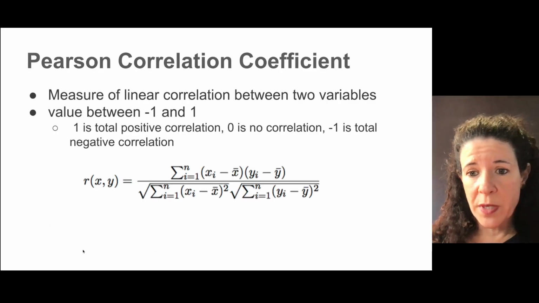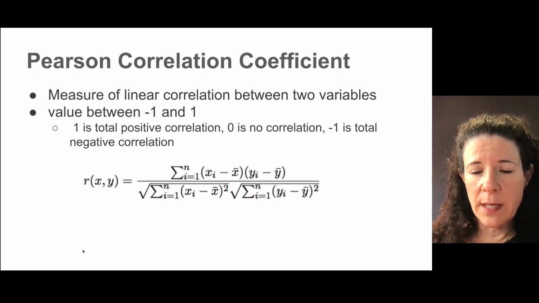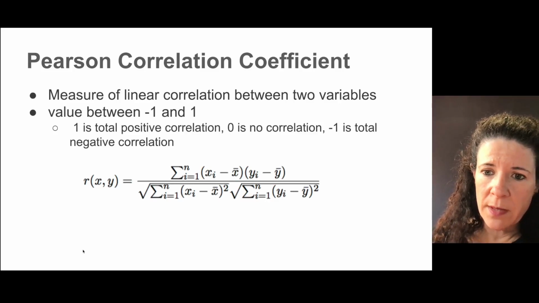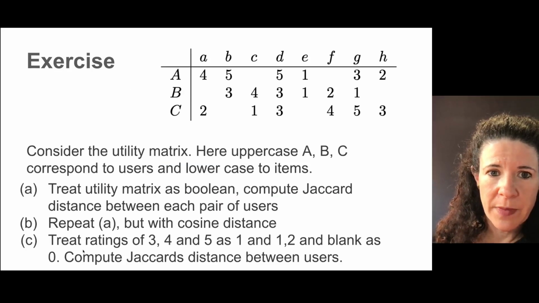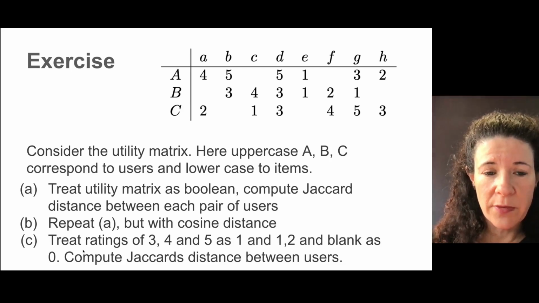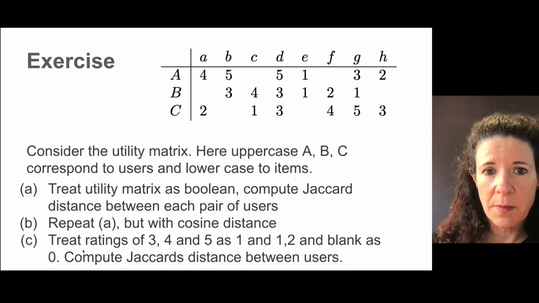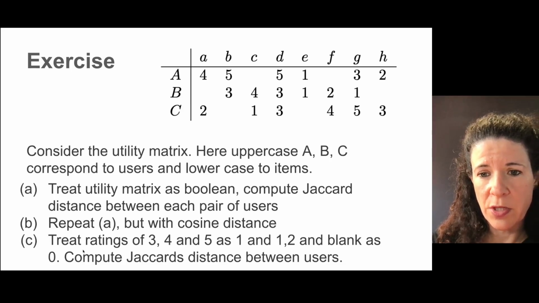You can also use the Pearson coefficient, which computes the linear correlation between two variables, and that's another metric people use. So here I have an exercise for you. I want you to consider the following utility matrix, in which we have 3 users, capital A, capital B, and capital C, and items lowercase a, b, c, d, e, f, g, h.